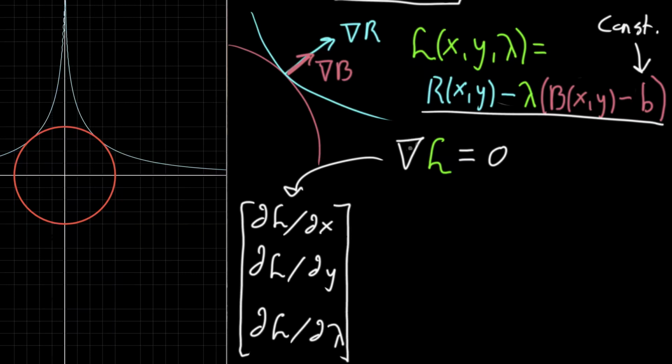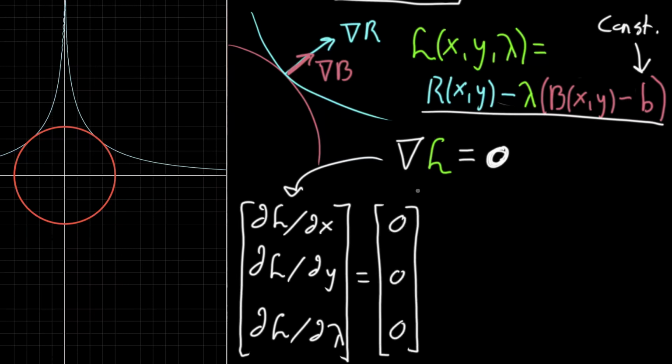And remember, whenever we write that a vector equals 0, really we mean the 0 vector. Often you'll see it in bold if it's in a textbook. But what we're really saying is we set those three different functions, the three different partial derivatives, all equal to 0. So this is just a nice, like, closed form, compact way of saying set all of its partial derivatives equal to 0. And let's go ahead and think about what those partial derivatives actually are.